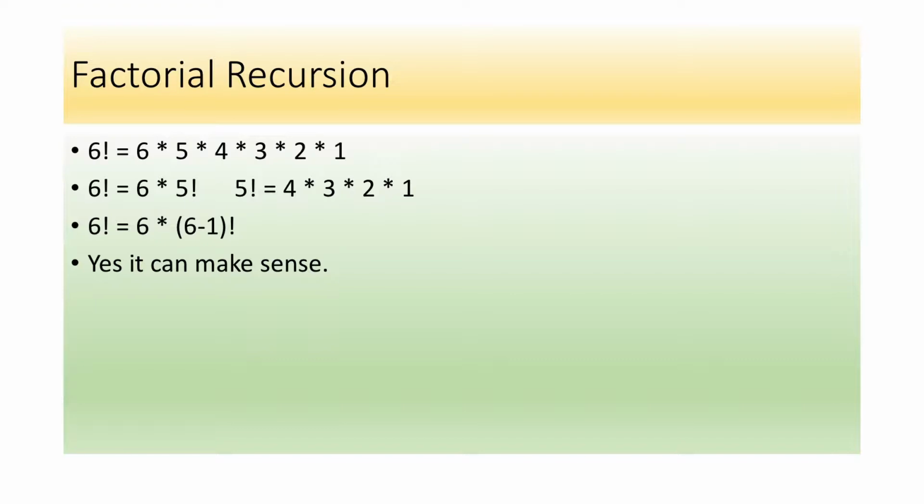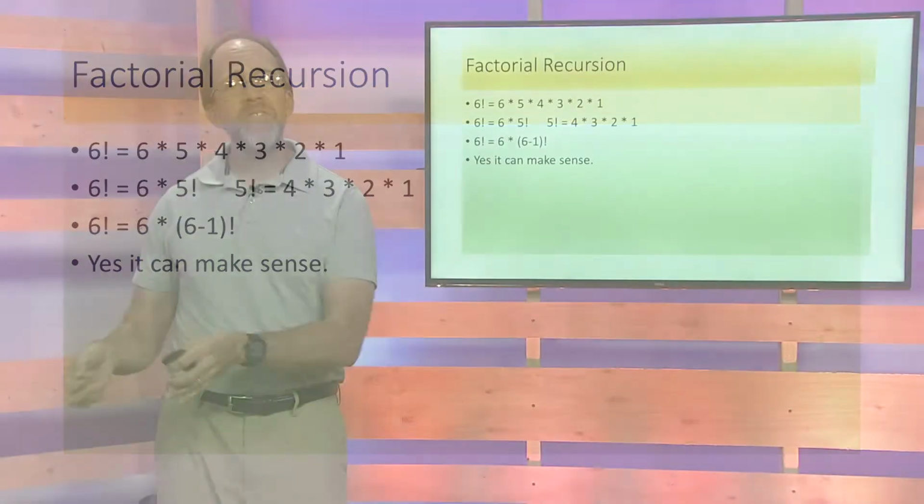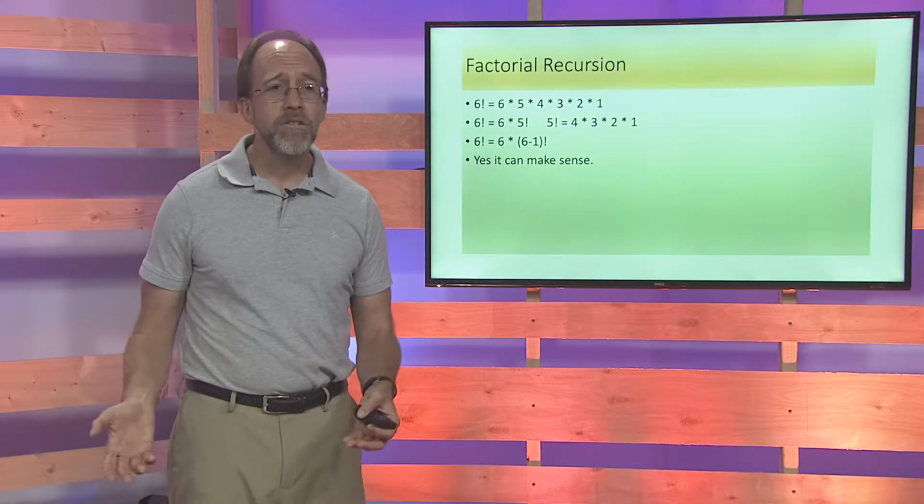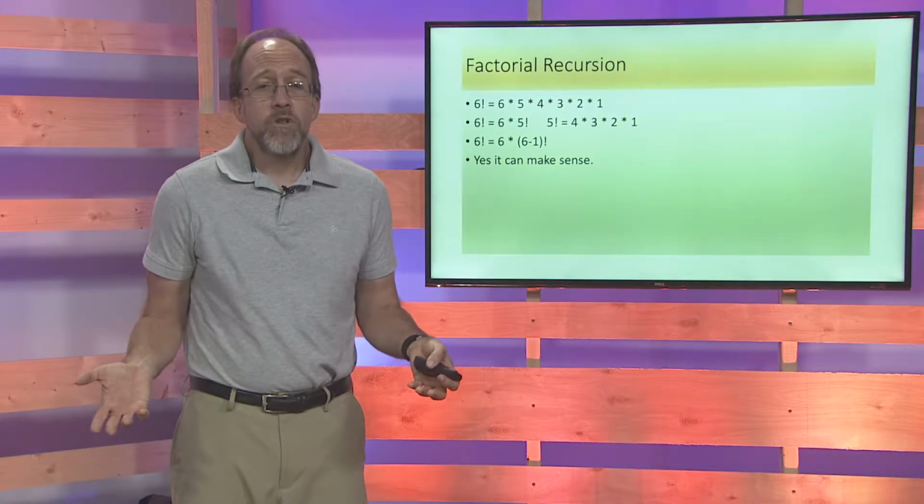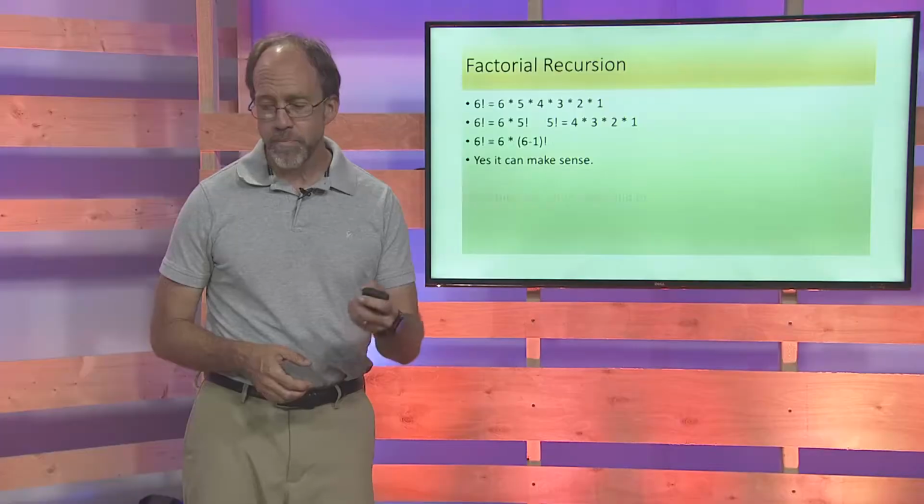So in other words, the function of n, the 6 factorial, is equal to 6 times the function of n minus 1, or 6 minus 1. So in this case, it's a workable definition. We can use this definition to figure out the solutions to the factorial. So we have defined the factorial function in terms of itself, meaning that it is a recursive definition.